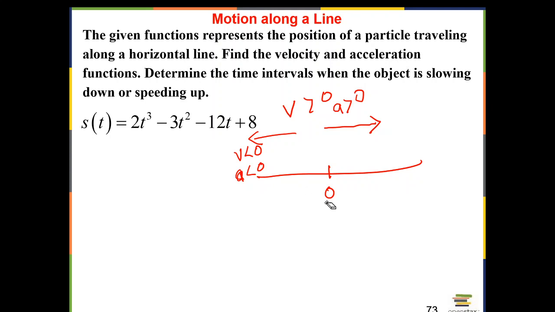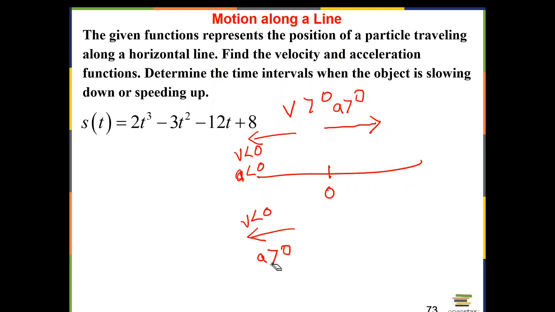Okay? So let's say velocity is negative, right? And acceleration is positive. It's like with your car, you're going in this direction, to the left. So your velocity is negative, so your position is changing in the negative direction. And then you apply the brakes.